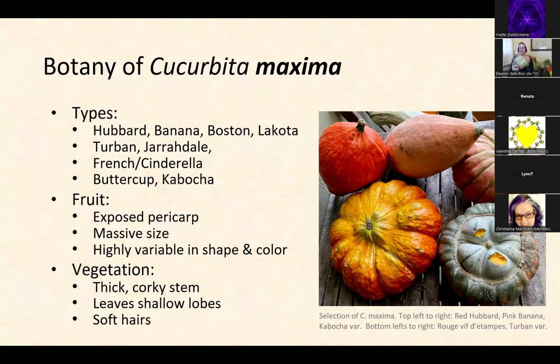This is a turban squash here, but it has something that's called an exposed pericarp, where quite often the flower, this is the flower scar, this ridge here, and then the fruit doesn't get all the way tucked in underneath the flower. It kind of exposes. It's almost like an outie belly button of sorts. And so this is a key distinguishing characteristic of that. That, and also it tends to have a really corky, squishy stem.